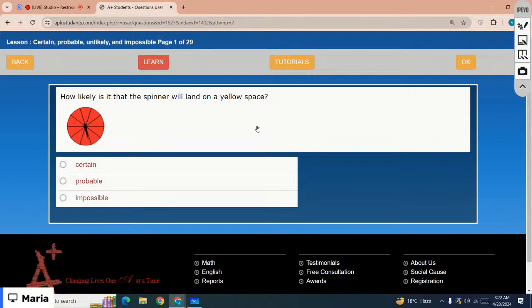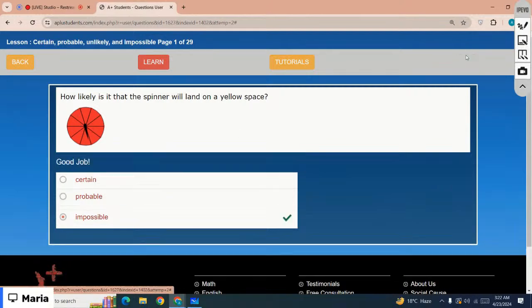Impossible. You can see on the spinner you have no space that is yellow. So, how will it land on yellow? That is impossible, right? Very good.